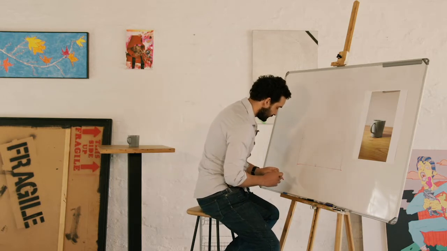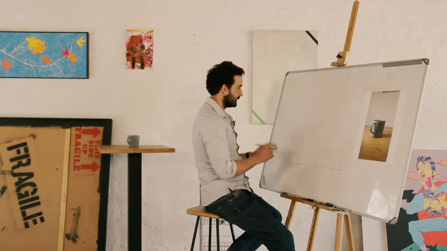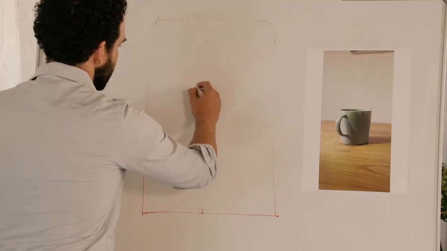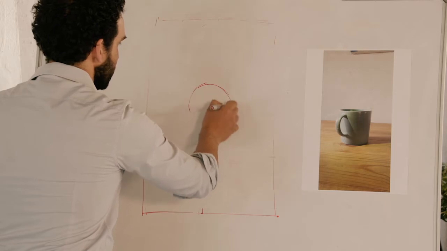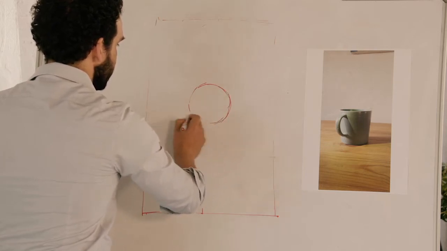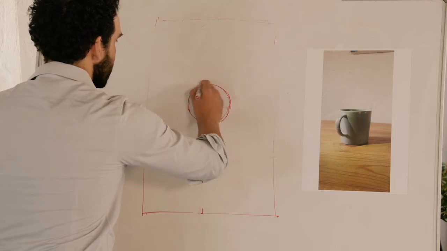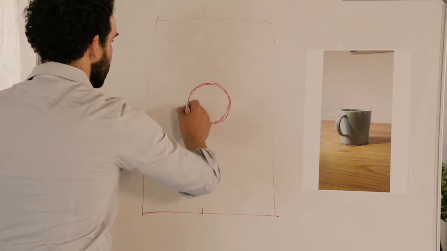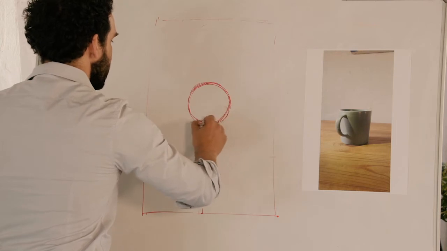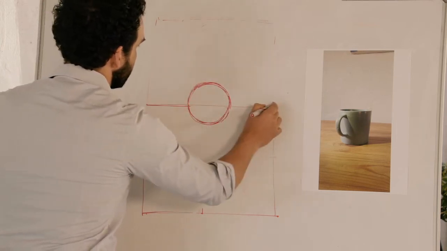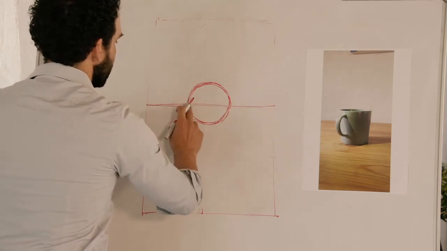So the first thing I want you to imagine when we're drawing an object. Again, let's start with our basic circle. I'm going to draw a circle. Again, remember these are construction lines, nice and light. Maybe not a perfect circle, but that's fine. And I'm going to ground my circle somewhere in the world. So this is a ball.